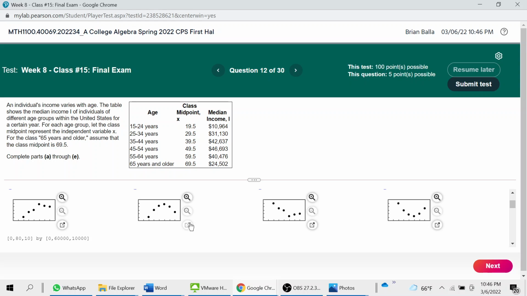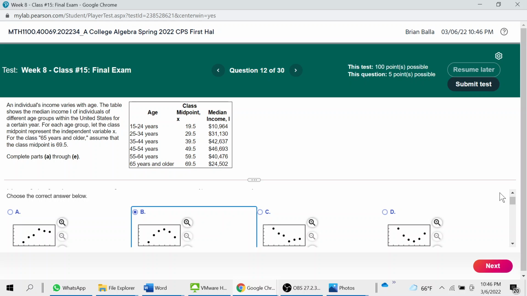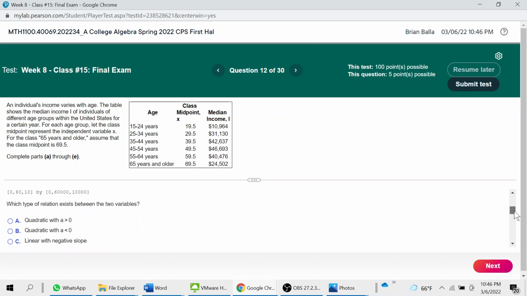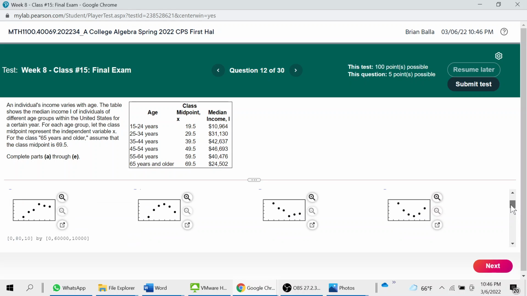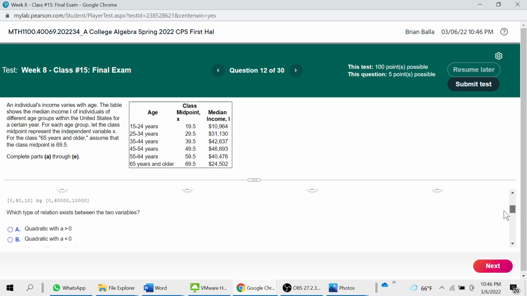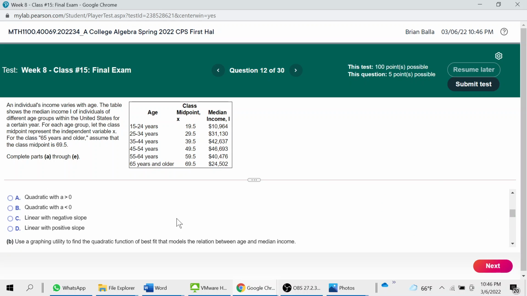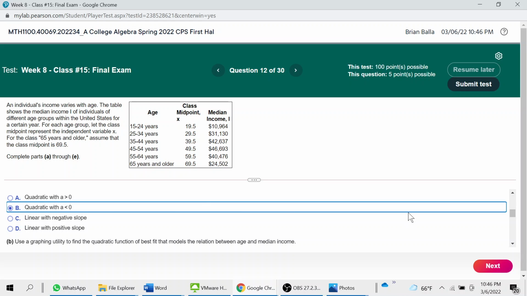This one looks correct. Let's check the others. No, that's all going downward. So B is obviously the correct answer based on the notation. What type of relation exists between the variables? This looks quadratic, where a is negative.